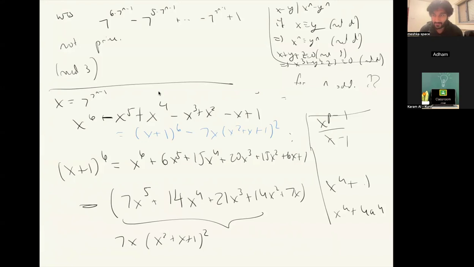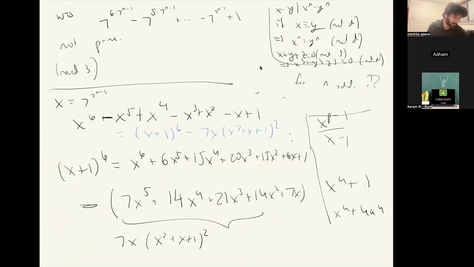And now, because x is an odd power of 7, it's a difference of squares, and it can be factored. Does the argument make sense? How can we factor the last part?